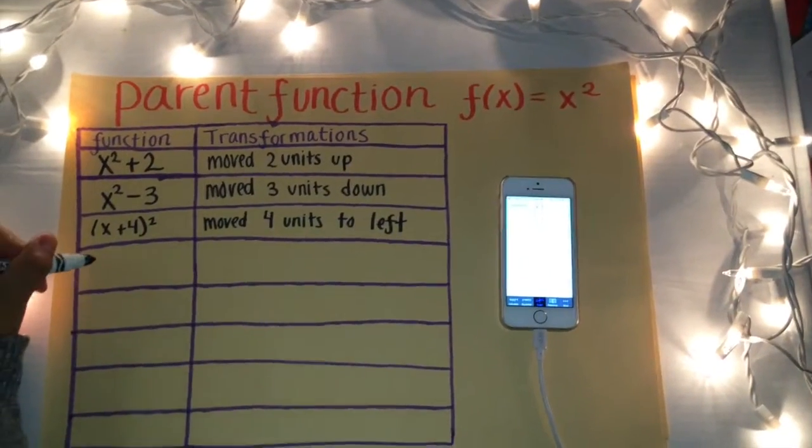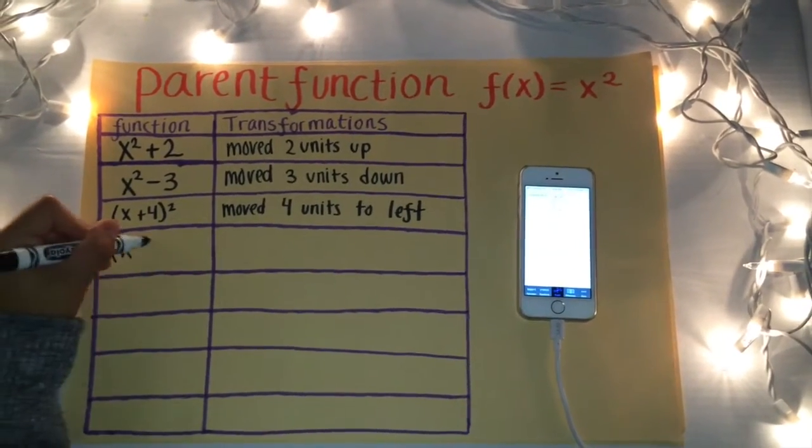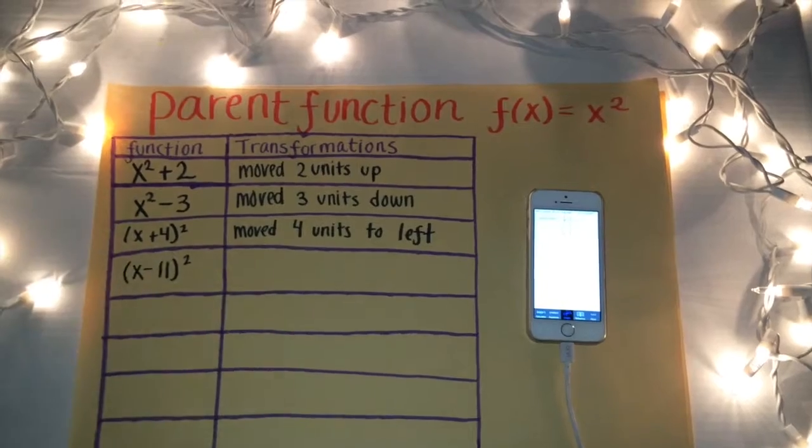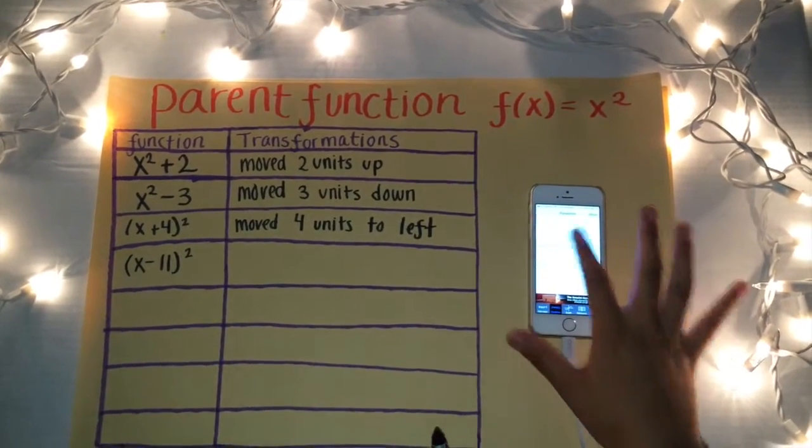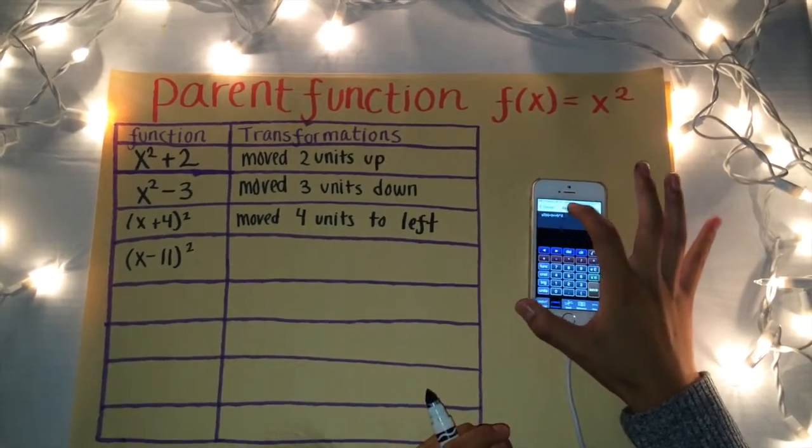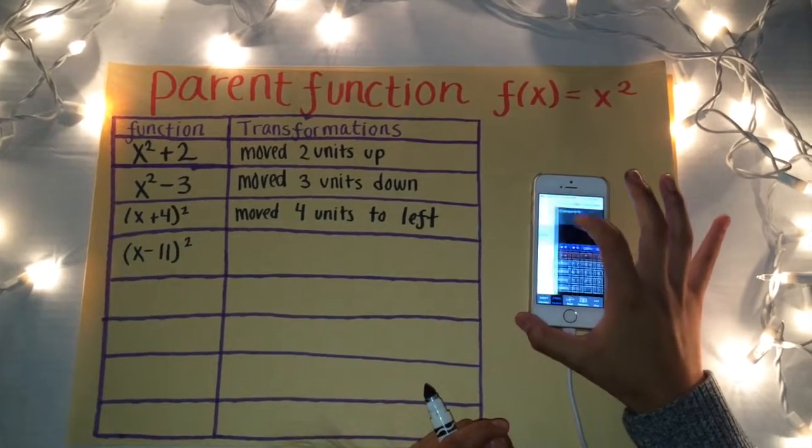Our next function is x minus 11 squared. Instead of subtracting from x squared, we first subtract from the x, then square it.